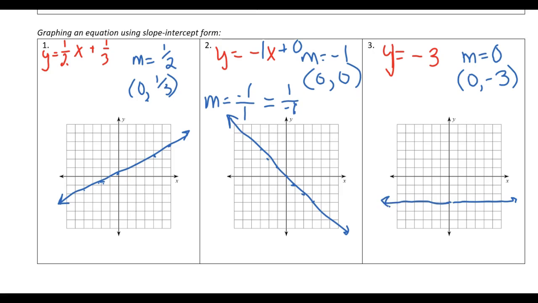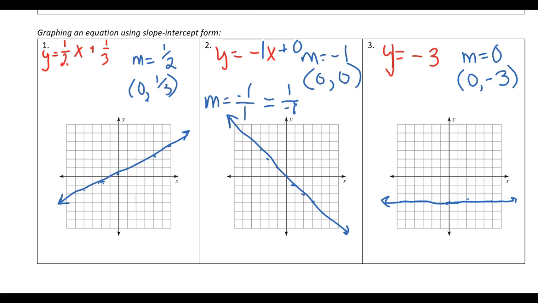And then you can also think about when we did have that slope of 0, we rose nothing, but we could run any amount. So if you just put 2 points on this graph, you can see that you would rise none and move over as many as you needed. So here our y equals -3 is our horizontal line on -3.